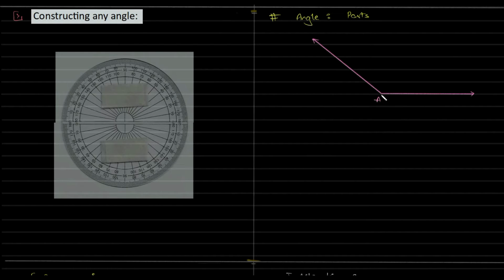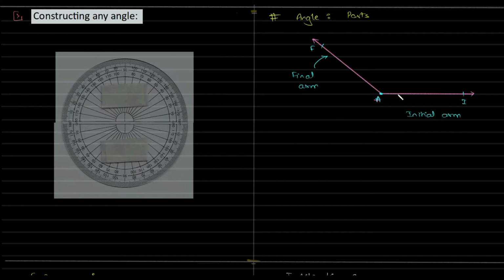This is your vertex, the point where the initial and the final arm meet. This ray is your initial arm, and this ray is your final arm. This is generally how we call it, right?